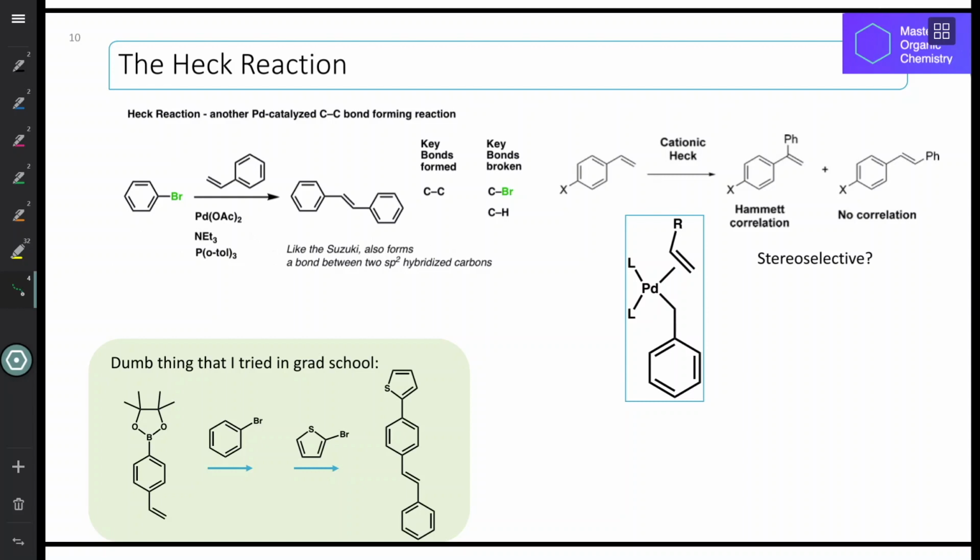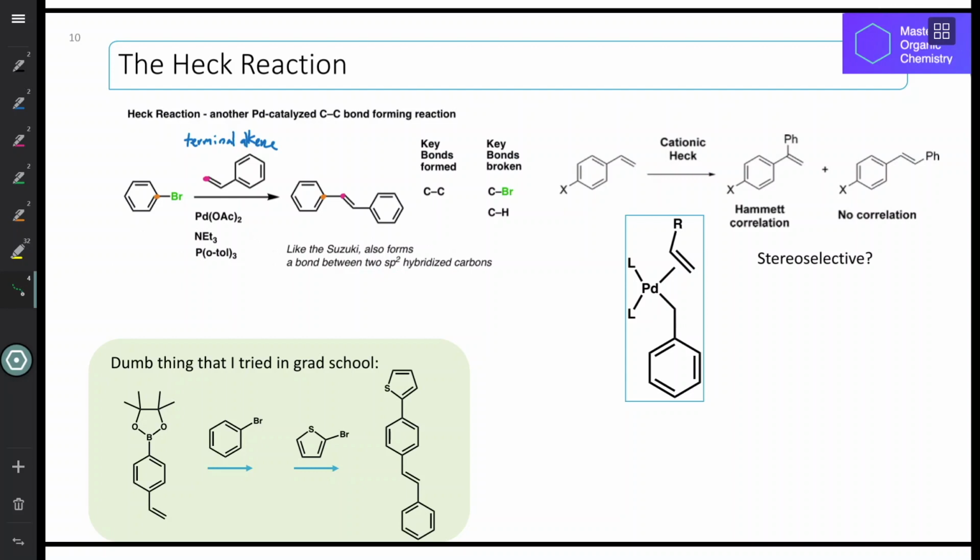And so you couple straight to that. So it's another sp2 to sp2, right? And this is that new carbon-carbon bond that forms. So yeah, between two sp2 hybridized carbons.